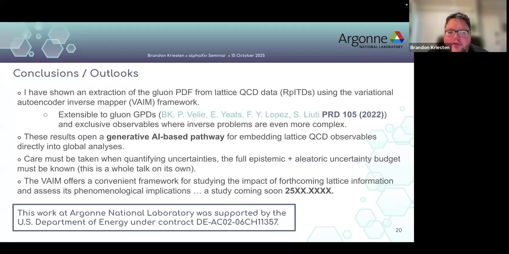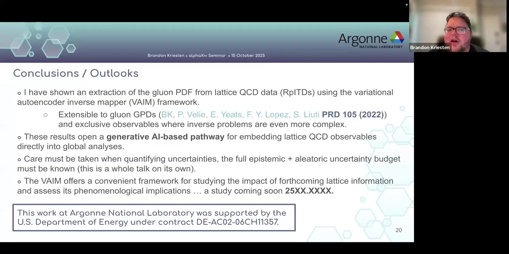And so these results open a generative AI-based pathway for embedding lattice QCD observables into global analyses. So this end-to-end framework makes this a nice way to do this. But very careful care must be taken when one wants to quantify uncertainties.